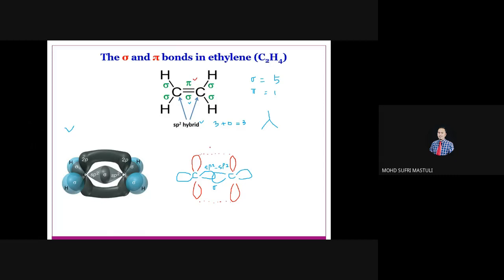So this one is pi. Okay, so another atomic orbital is between this one, it should be trigonal planar like this. Should be, yeah, more or less like that.